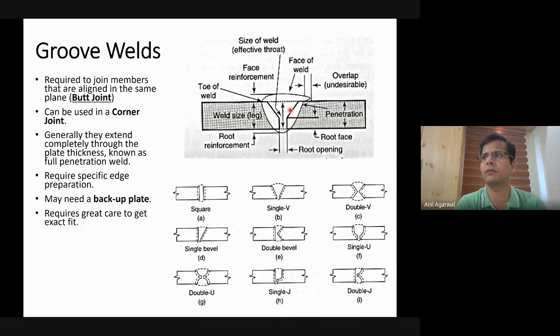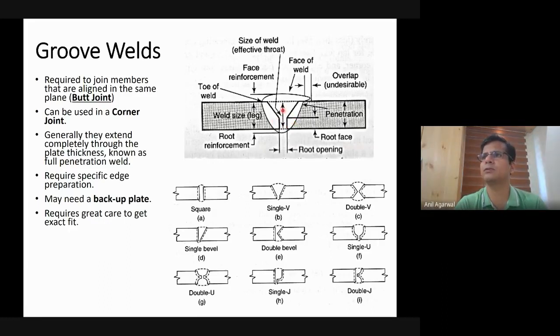They may lead to a lot of other defects. Full penetration groove welds are usually recommended for high quality structural applications. It is known as a full penetration weld when the weld extends completely through the plate thickness. It can be achieved from one side or from both sides, half from this side, half from this side.